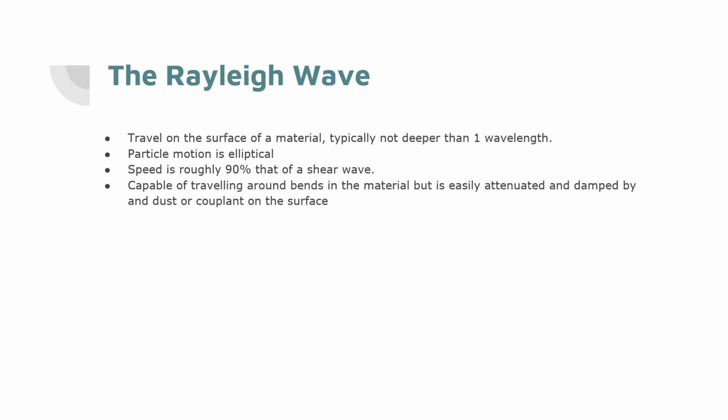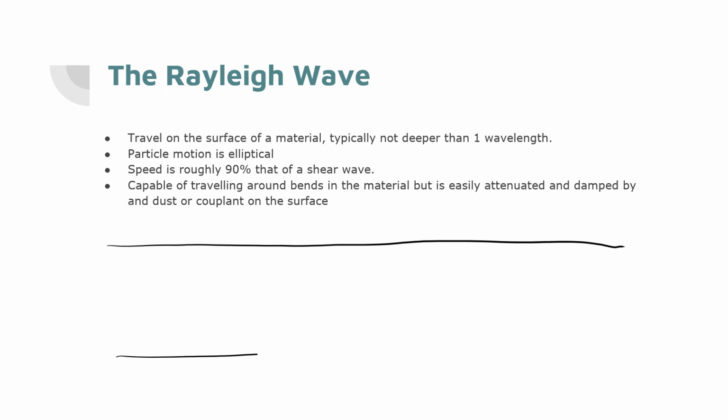The next wave we're going to talk about is a surface wave. It's called a surface wave because it travels on the surface of a relatively thick material. It doesn't penetrate deeper than one wavelength, and the particle motion is elliptical, almost like a corkscrew running through or on the material like this.